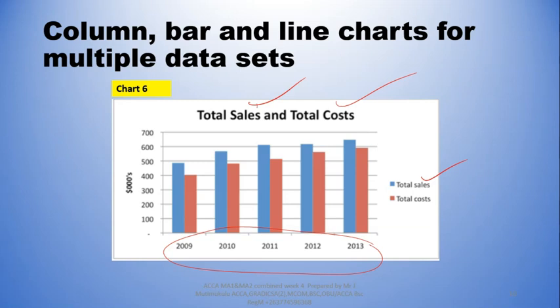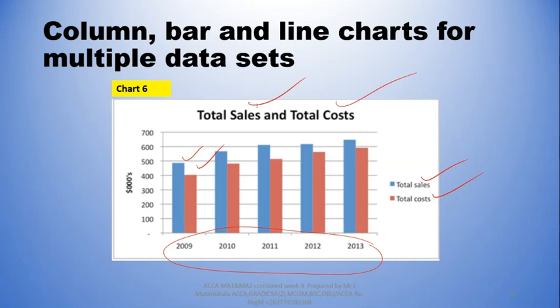There's the legend for sales and legend for cost. Like I said, the legend is only relevant when we have got more than one dataset. So in this case, each year has got the information for the sales and cost, sales and cost, sales and cost. So that's a multiple column chart.